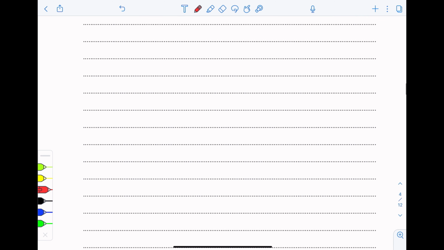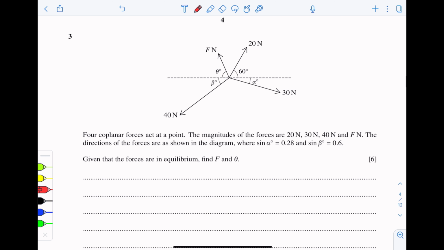The next question, question number 3, is: four coplanar forces. Coplanar forces mean forces acting on the same plane, acting at a point. They are acting at this point. 30 Newton, 20 Newton, F Newton, 40 Newton.